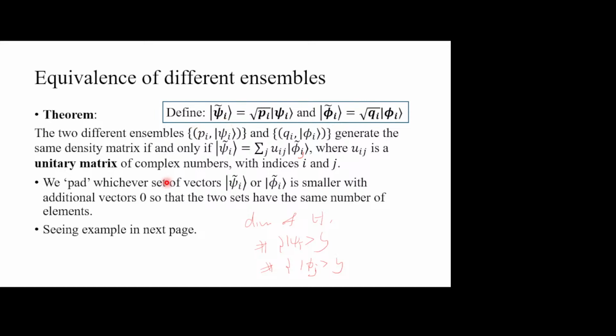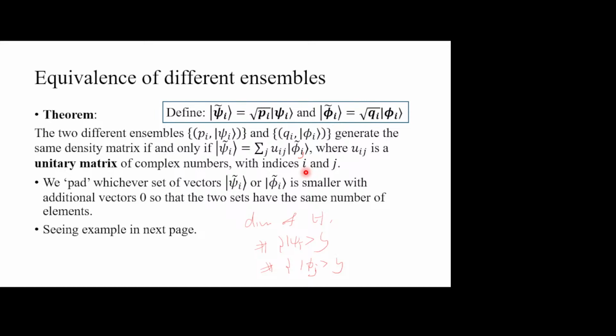So the number of psi can be totally independent of the dimension of your Hilbert space, and the same for the phi j. And the number of psi here can be different from the number of phi j here. That can be very annoying to even write down this equation.